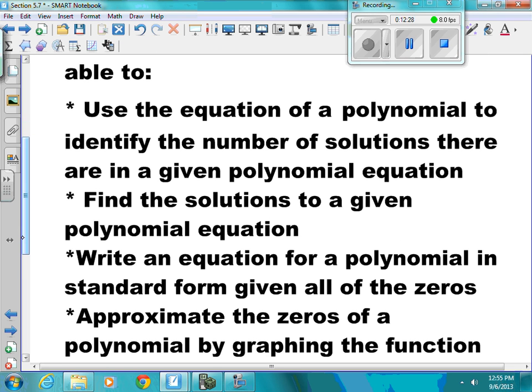And we found the solutions to a given equation. And then we wrote an equation given the zeros. We have not approximated the zeros of a polynomial by graphing specifically in the material presented just now, but we will do that tomorrow in class, and we have done it previously as well. So bring your notes with you tomorrow. We'll check them off, and we'll do some more practice in class. Have a good day.